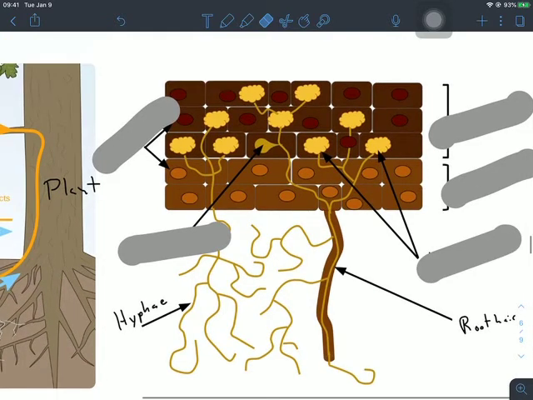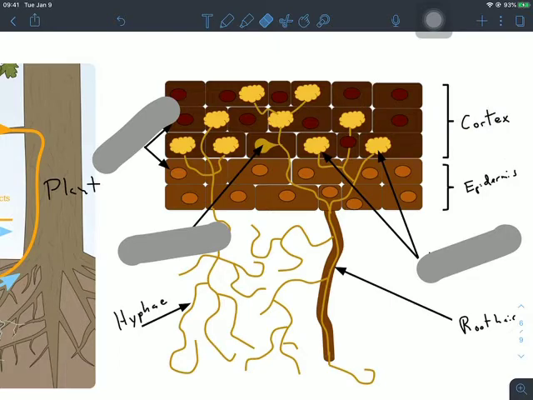Now, in terms of the plant root, you've got your epidermal layer, your skin layer on the outside, and your cortex. What you will see is that the fungus is actually able to grow into the plant cells and occupy a space with a structure called an arbuscule.